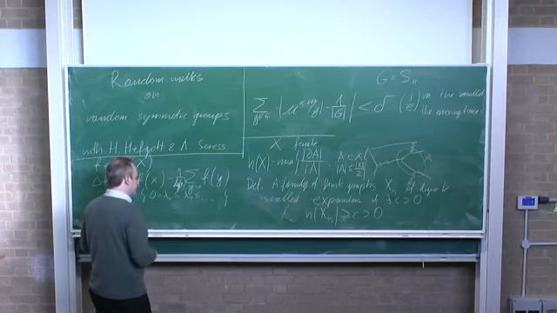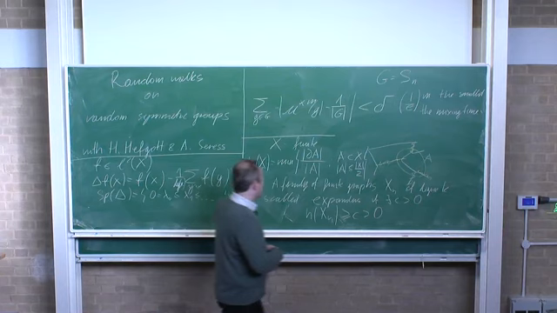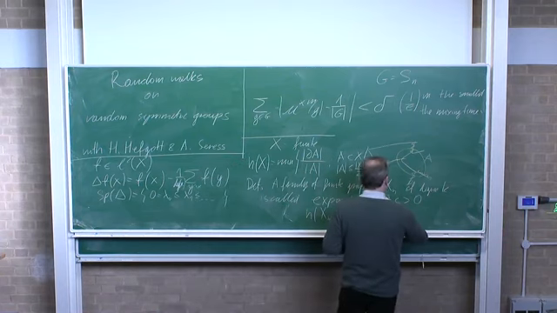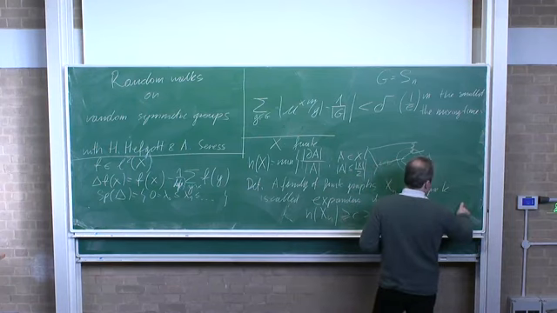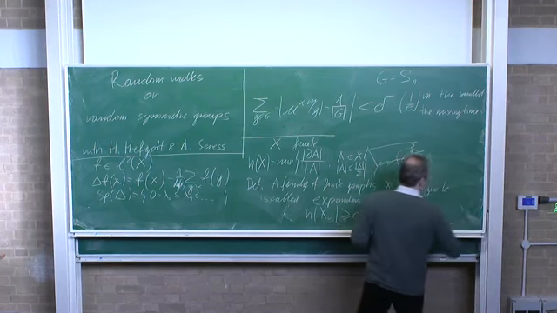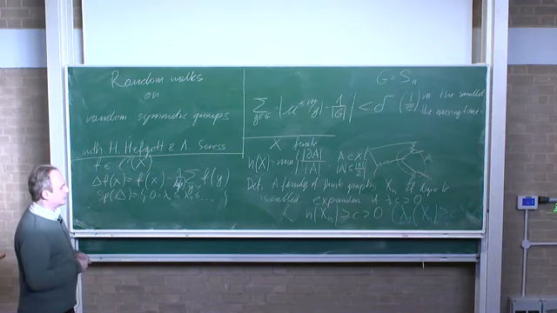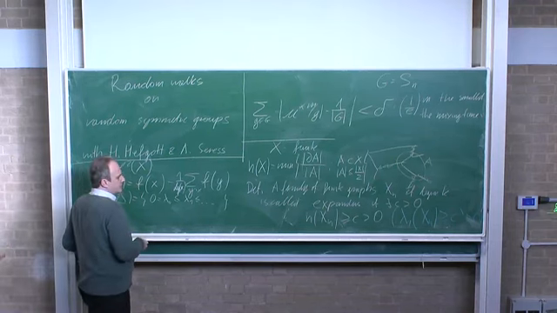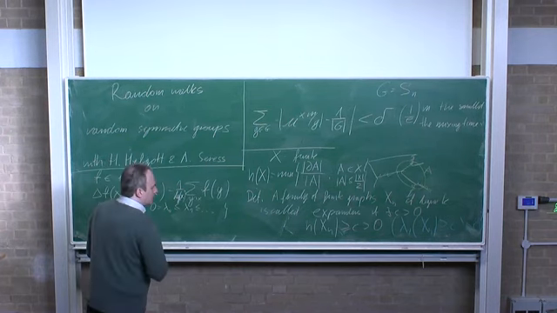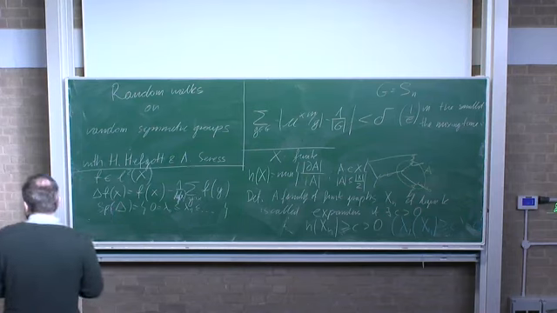So an equivalent condition to the definition of expanders is that lambda 1 of all these graphs is uniformly bounded away from zero.